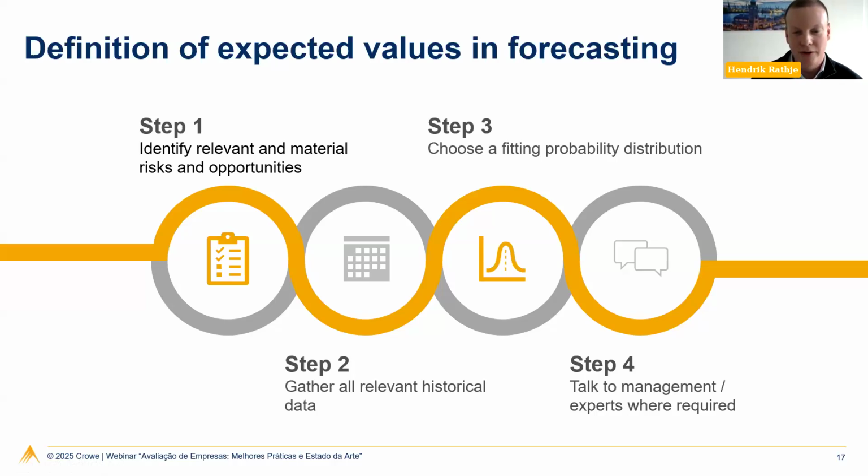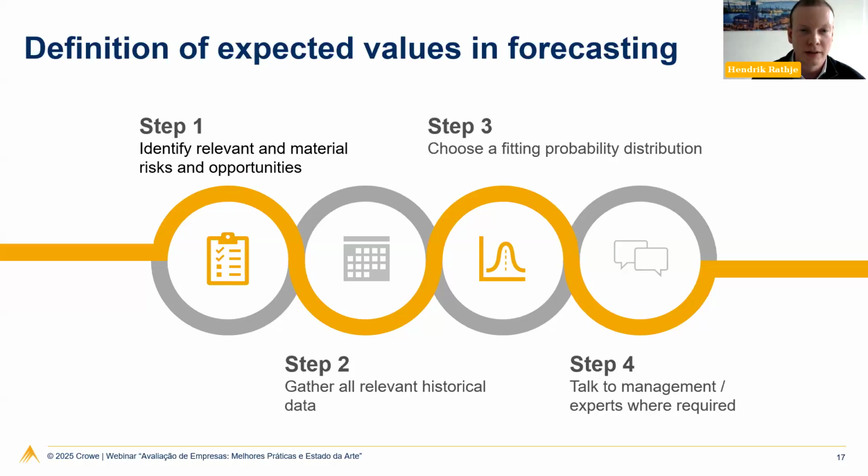And that is what applying a Monte Carlo simulation does. It helps you and us to understand what the main risks are in numbers, in figures, so that we can use those figures and numbers to actually calculate the most likely value, so the expected value for the different risks.